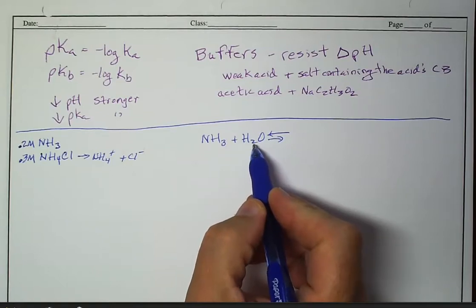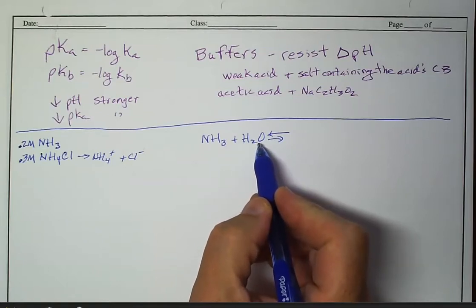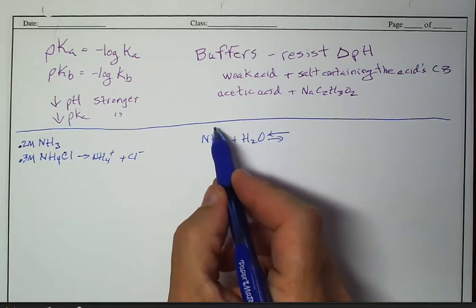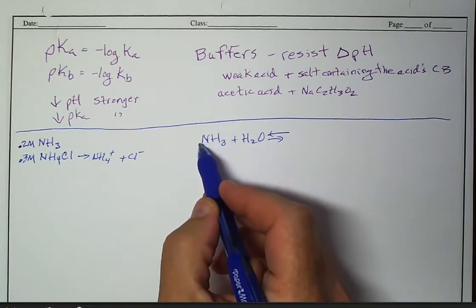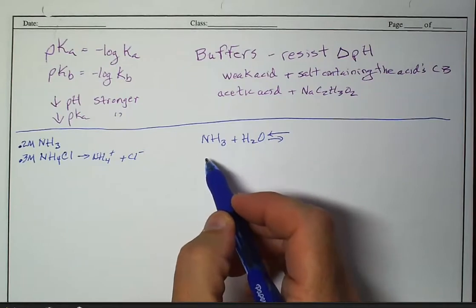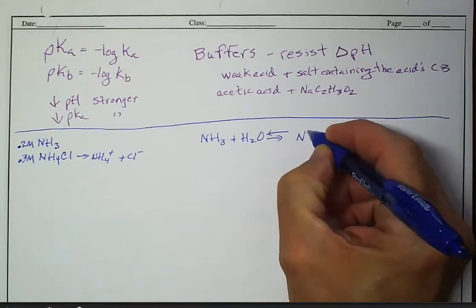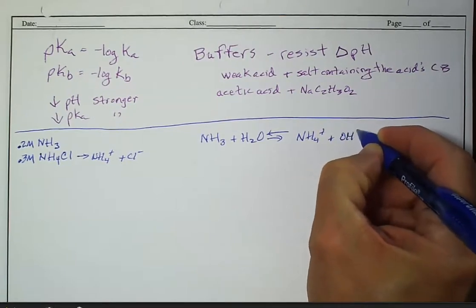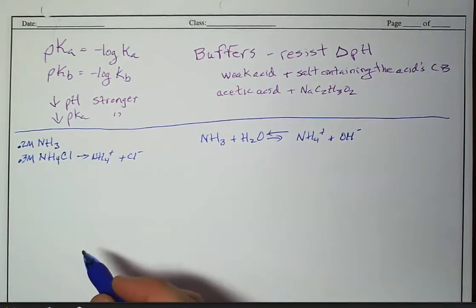So water is going to act like an acid. It's going to give off a hydrogen. And that hydrogen, which will be positively charged, a hydrogen ion, will move over and bond to the unshared pair on the nitrogen in ammonia. So that's going to give us ammonium, and it's going to leave hydroxide from the water.